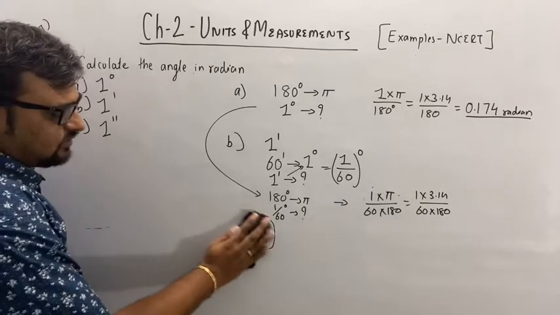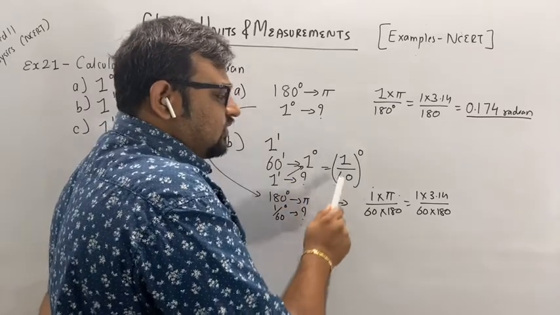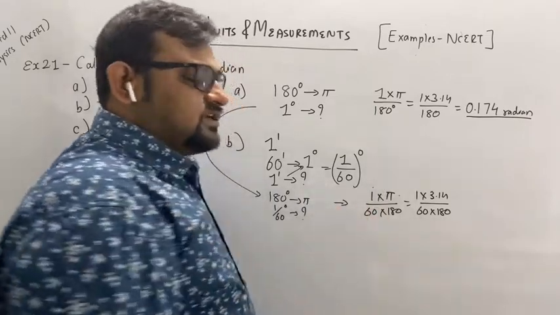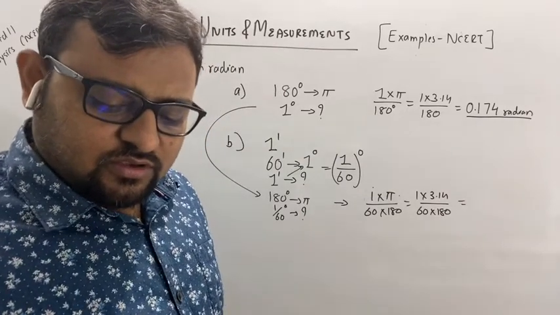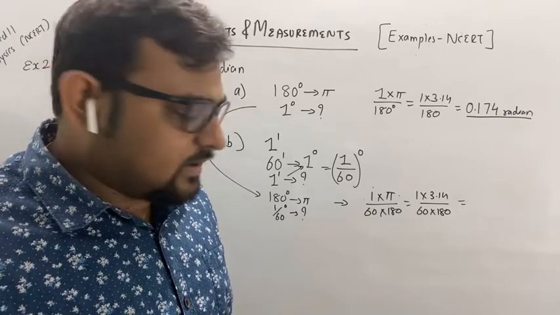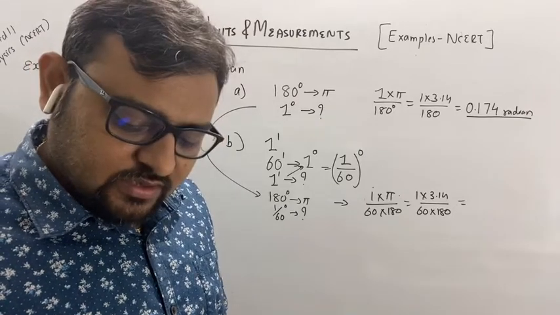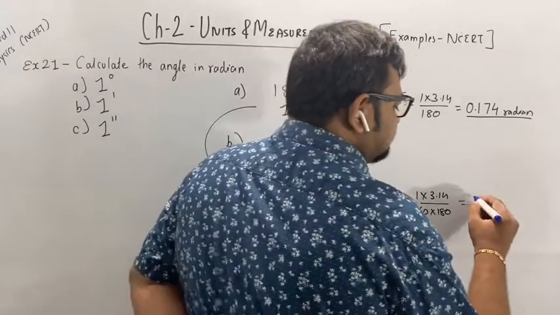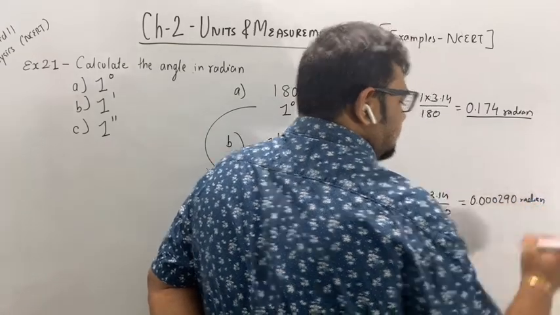Now let's move here. What have we done? 60 minutes is 1 degree, 1 minute, how much? 1 by 60 degree. And 180 degree is pi, 1 by 60 degree, how much? So 1 into pi upon 60 into 180. Let me calculate: 3.14 divided by 60, divided by 180 is 0.000290.